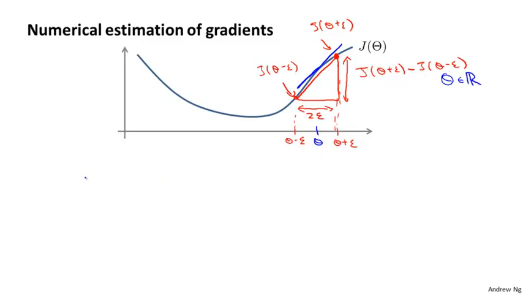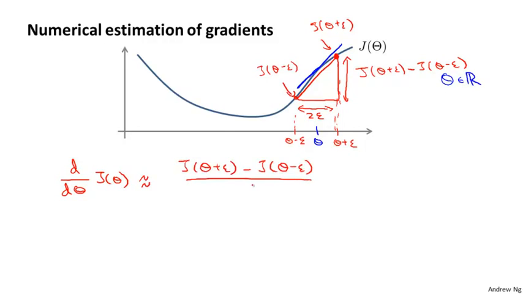So my approximation is going to be that the derivative with respect to theta of J of theta at this value of theta is approximately J of theta plus epsilon minus J of theta minus epsilon over 2 epsilon. Usually I'll use a pretty small value for epsilon, on the order of 10 to the minus 4.